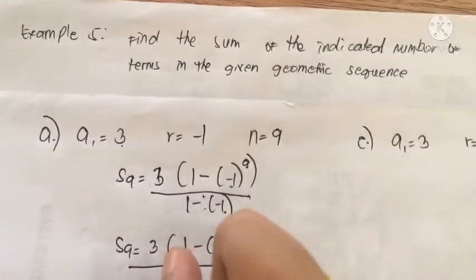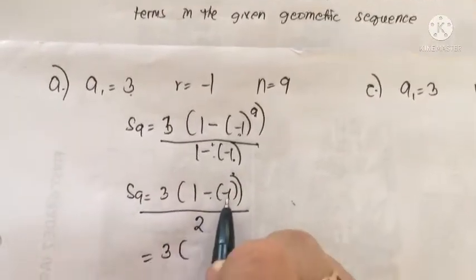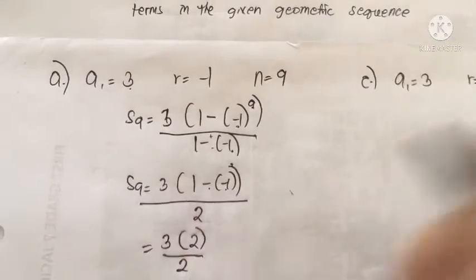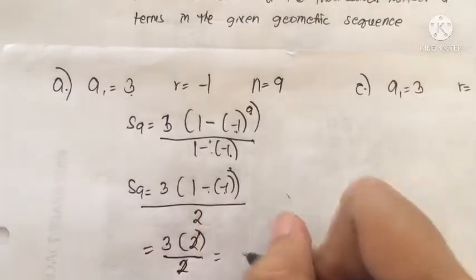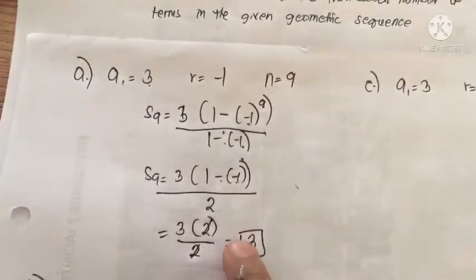Equal, so magiging 3 times 1 minus negative 1, ang sagot natin is 2. Over 2. So, cancel, ang sagot natin is 3. Okay? So, yung sum niya is 3.